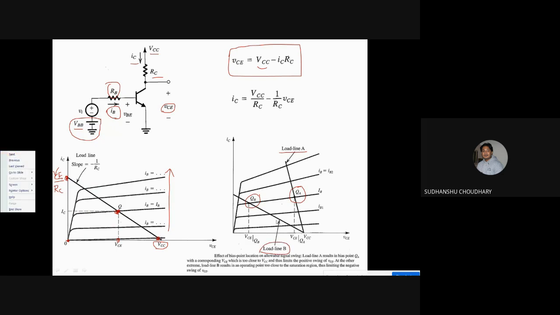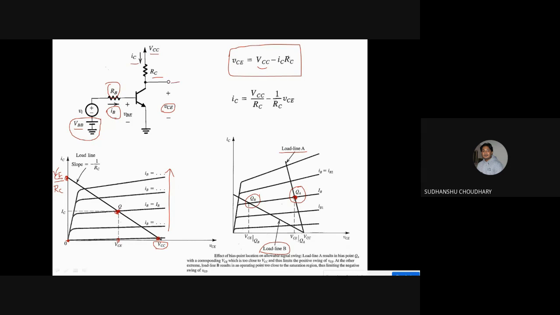Now if I have this load line A, okay, and if I try to bias at this point QA, right, so I cannot bias it at this point, though this seems to be at the center of this load line, but I cannot bias this transistor at this point because this is very close to VCC, right? Okay. So the problem with this point being close to VCC is that VCE is close to VCC.